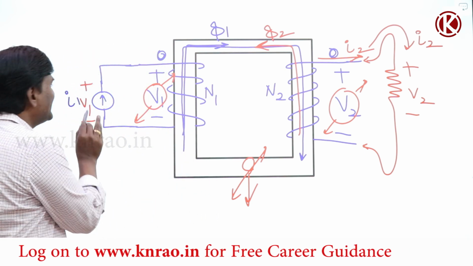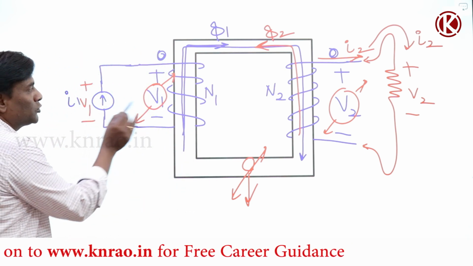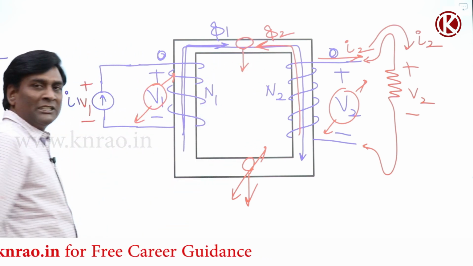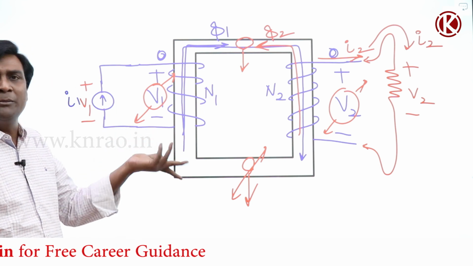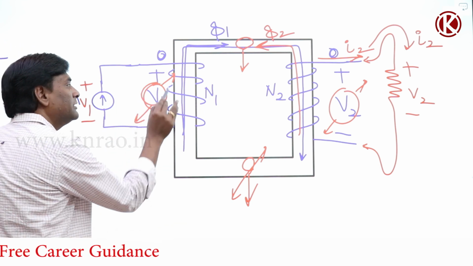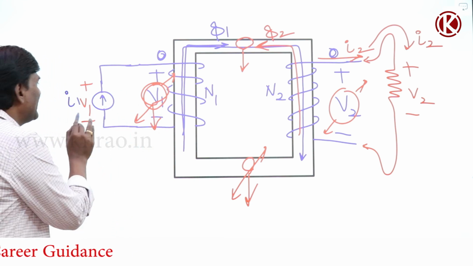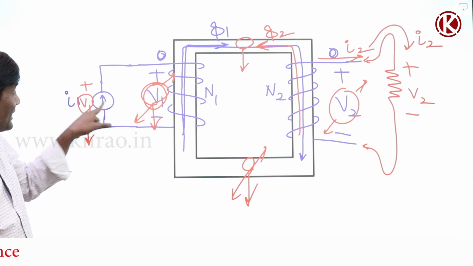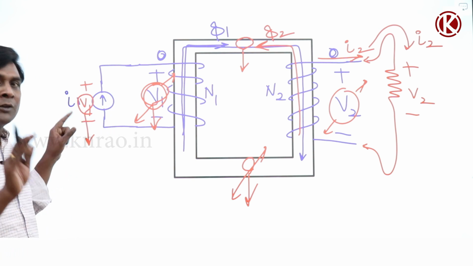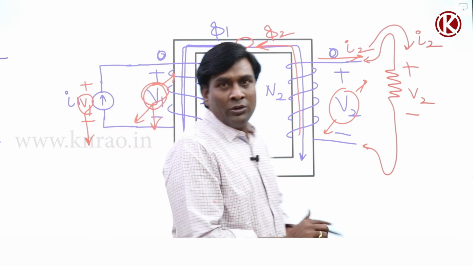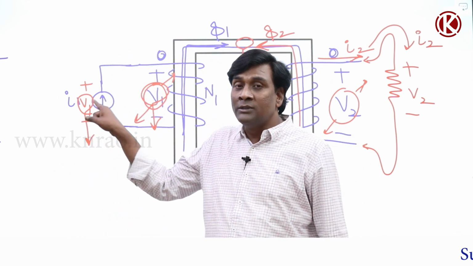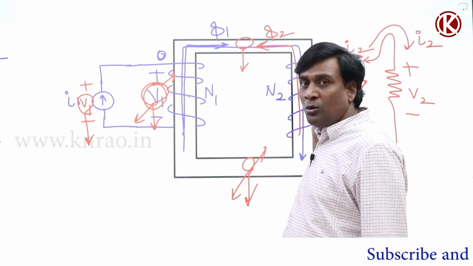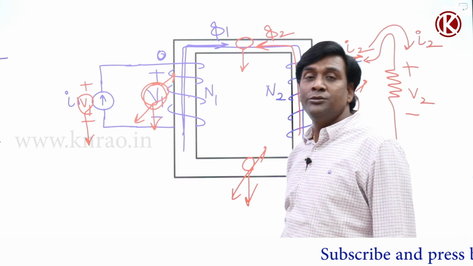If I think of this flux magnitude as reduced, then d phi by dt is going to be reduced, and under that condition this particular voltage is going to reduce. It's okay, because for a current source, the current should be as specified, not the voltage. So the moment you connect the load to a current source, the voltage is going to be reduced, or the flux is going to be reduced.